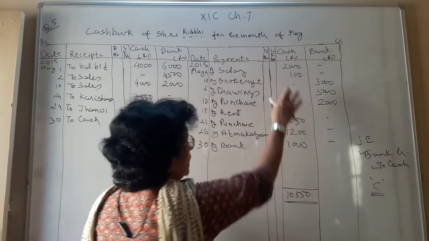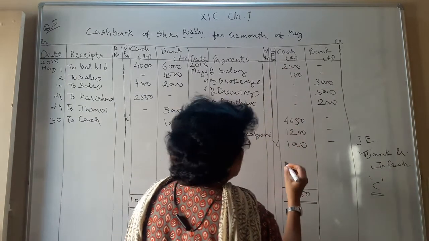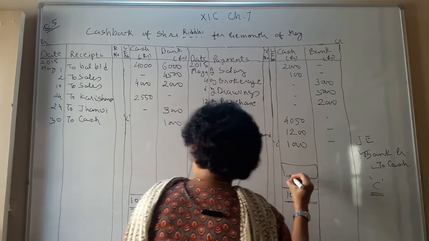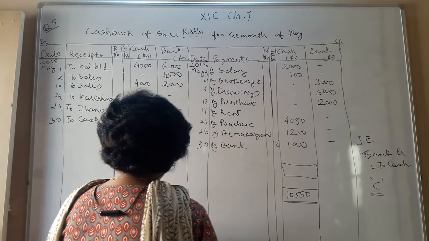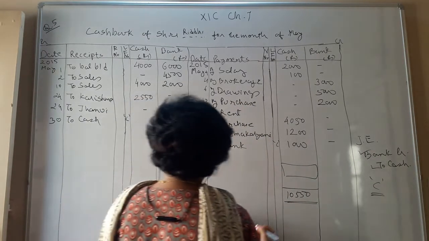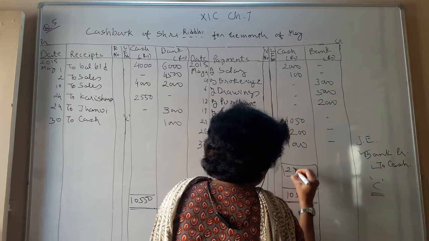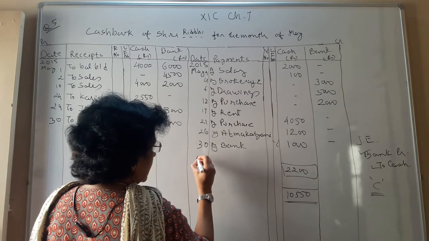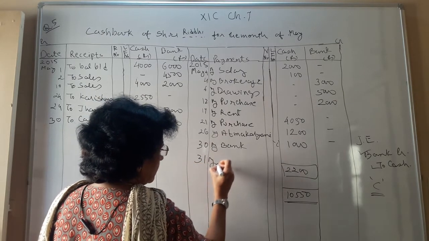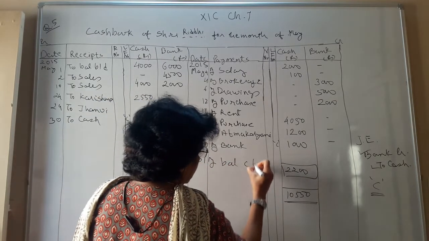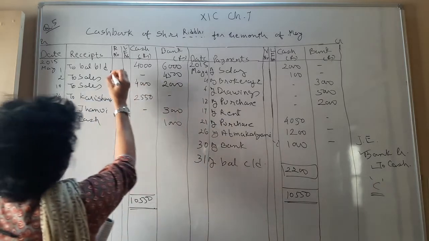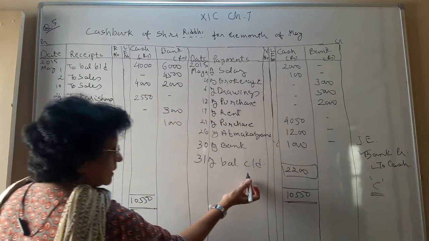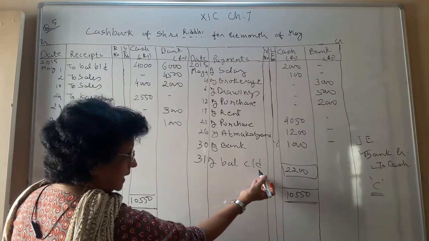After this, we subtract the credit side, and you will get the balance of the cash, that is 2250. On the last day of May, the 31st, balance carried down. Here we have written brought down. At the end we have to write carried down.